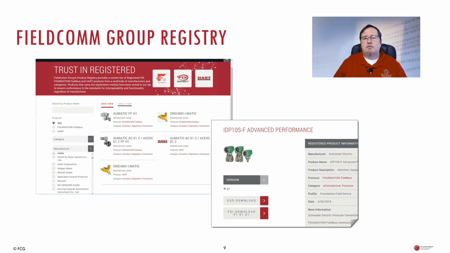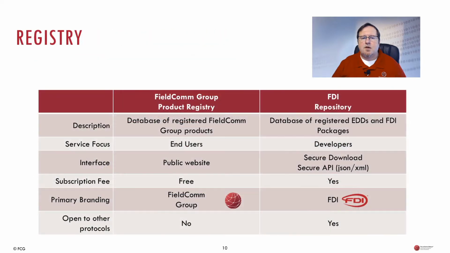So the registry, the public registry catalog that you see today, is our first application fully built using the FDI repository as a means for managing distribution. The FieldComm registry, as I just mentioned, was the product catalog of various different products and services that have qualified underneath our registration program. So that registry, of course, contains metadata associated with that when that product was registered and some of those registered features.